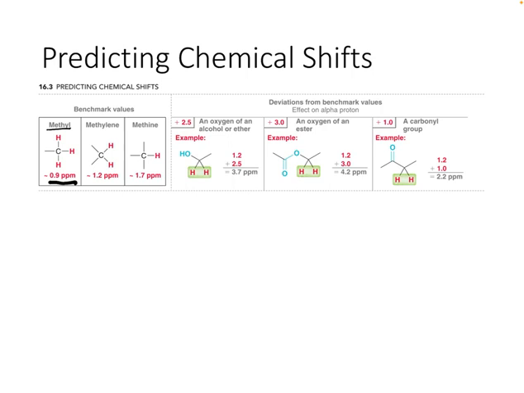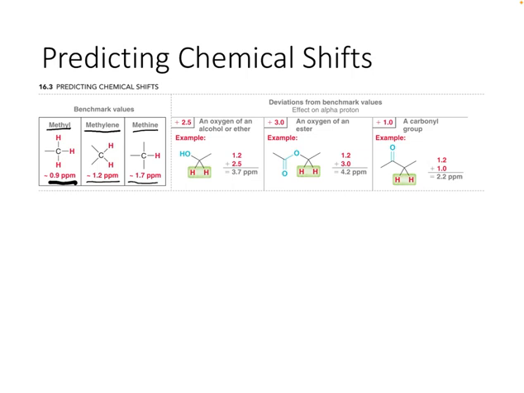Now, if you have a carbon that's in the middle of a chain of carbons, we call that a methylene group. So methylene protons will show up at about 1.2 parts per million. And then let's say you have a tertiary carbon. Its proton will show up at about 1.7 parts per million. So we call this a methine group.